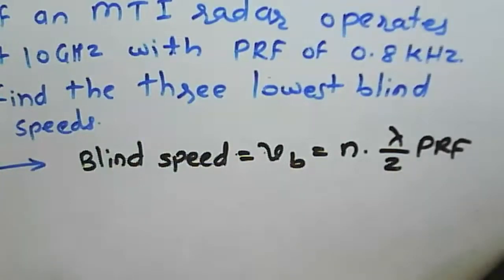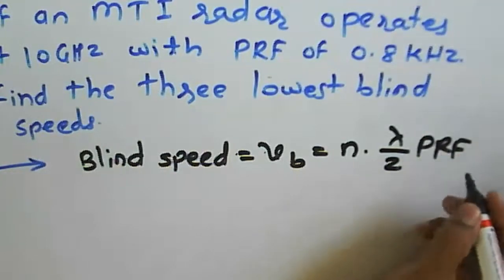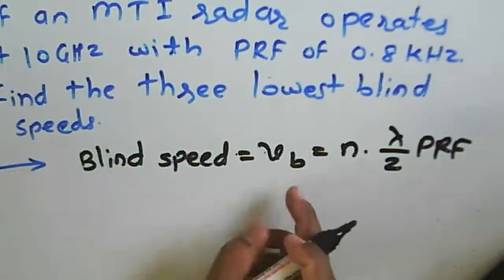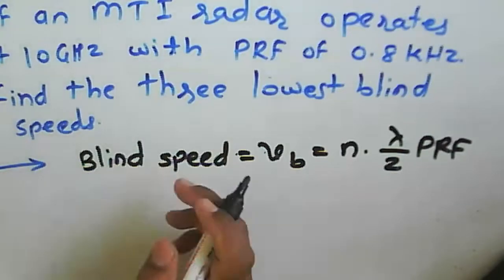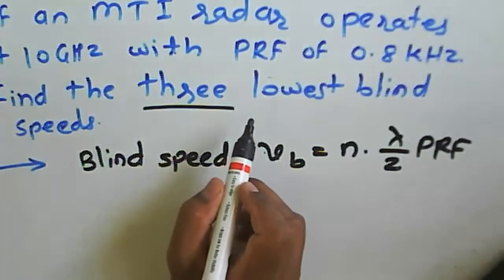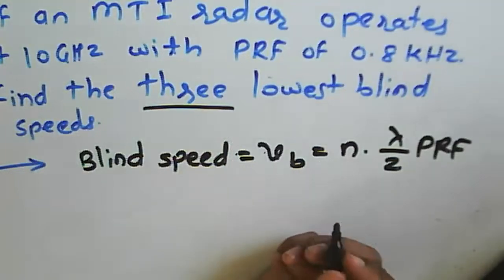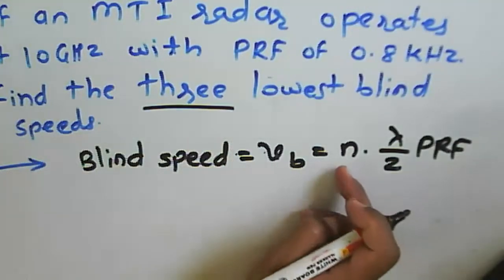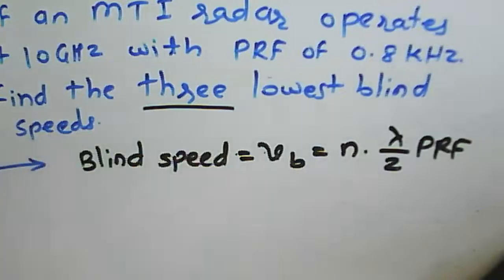We need to know the value of n, because we need to find the three lowest blind speeds. n is 1 for the first blind speed, n is equal to 2 for the second, and n is equal to 3 for the third.